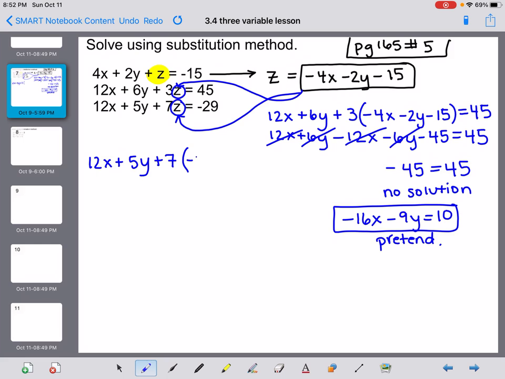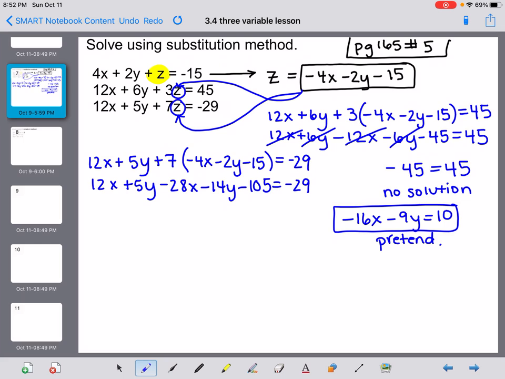So I'm replacing, copying carefully, equals negative 29. I'm going to distribute. And then combine like terms.